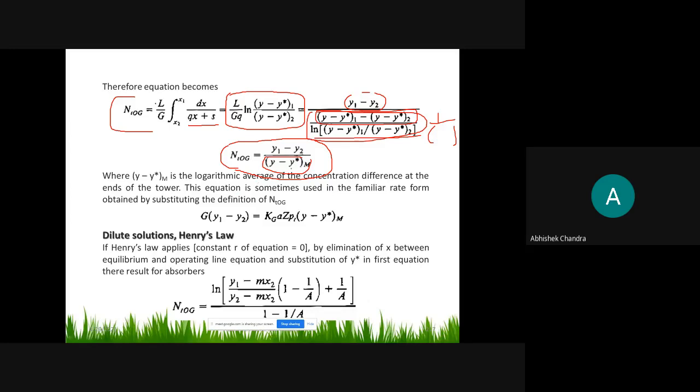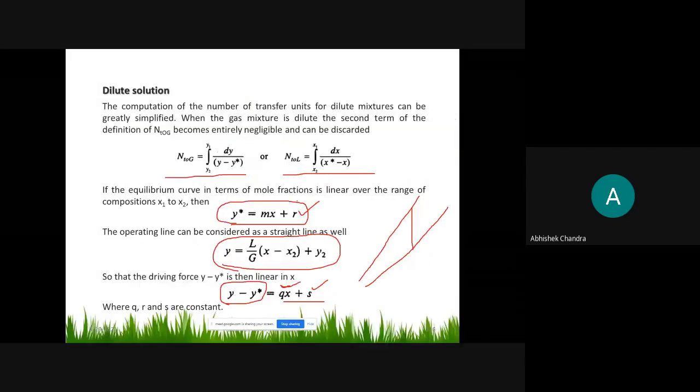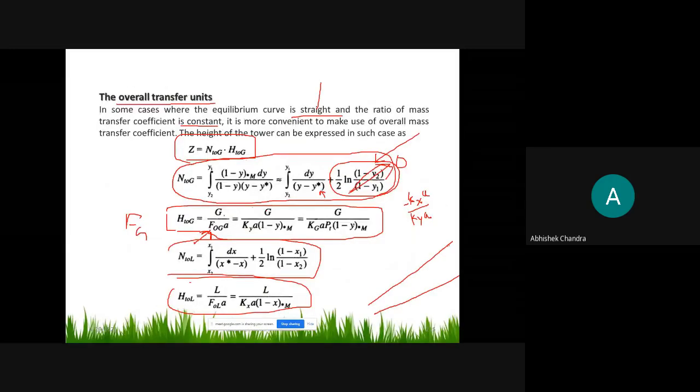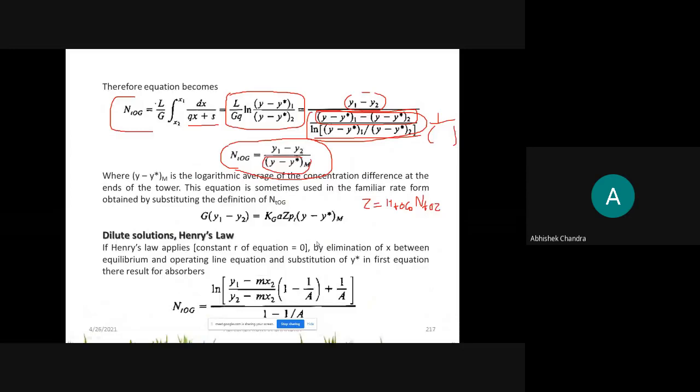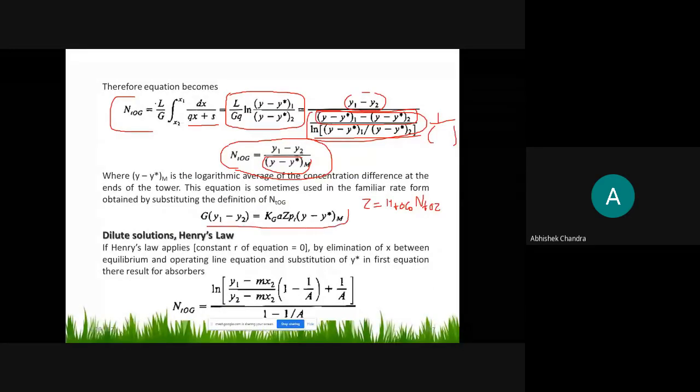And here the concentrations used at the end of the tower, that is bottom and top. This equation is sometimes used in a familiar form. This equation you can write in your equation, you can put directly here: put the NTOG value this, and HTOG you can put from here, and then arrange the expression.